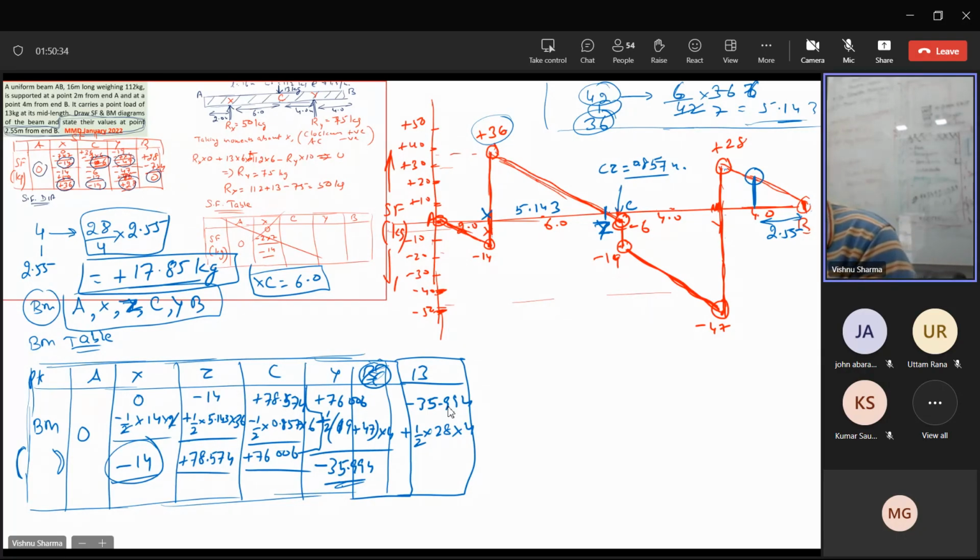Okay, it's 55.994, sorry, not 35. That was a writing error. 55.994, which is 56 basically. It becomes 0. This is because of the rounding off of this 5.143.